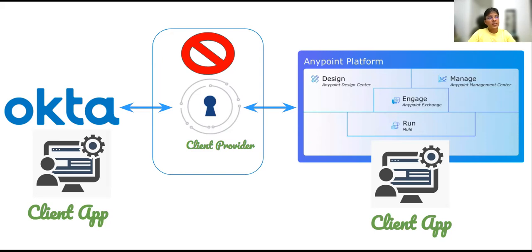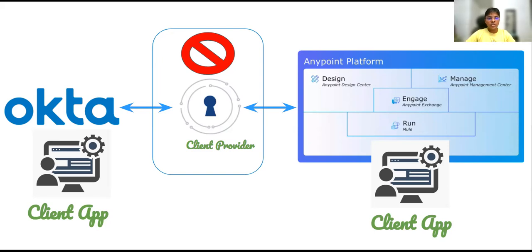You can have multiple external client providers, but when you are configuring a client provider for your API, that has to be only one. A very important point is that if there are external identity providers or client providers in the environment, you cannot choose Anypoint as the provider for any new APIs. It has to be an external provider.